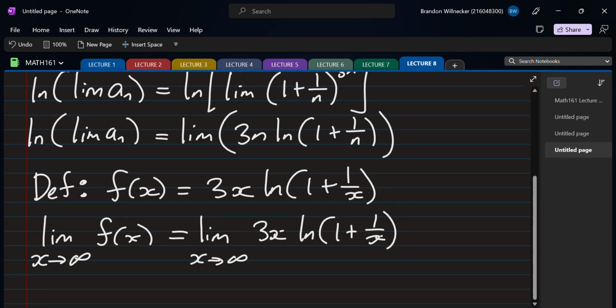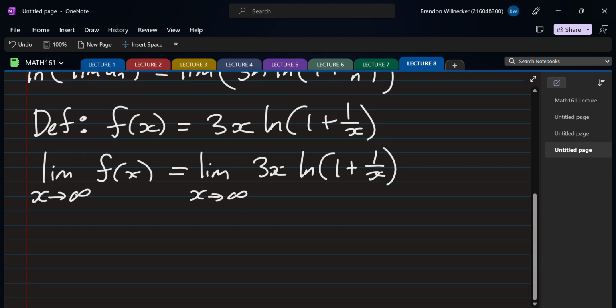Okay, so if we imagine x going to infinity, what do we have here? 3x, that's going to go to infinity. This natural log, that's going to go to 0. So we have this indeterminate form of 0 times infinity. Okay, whenever we have indeterminate forms, we should think about L'Hopital's rule. So let's write this in a better form to use L'Hopital's rule.